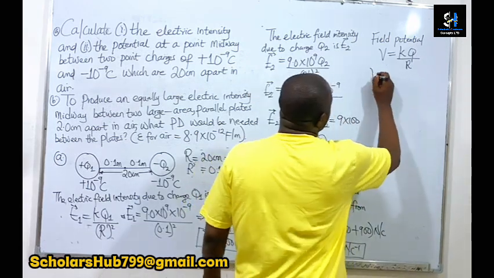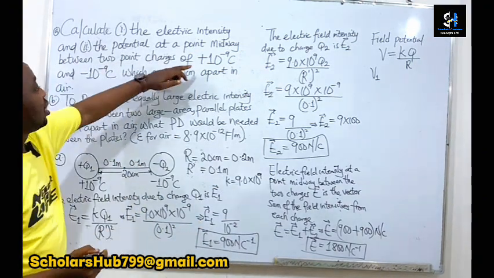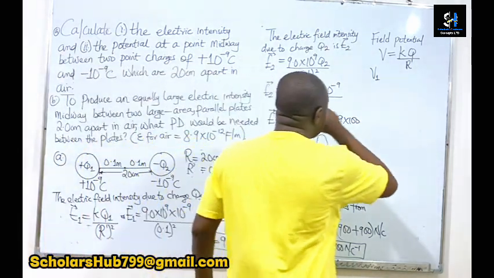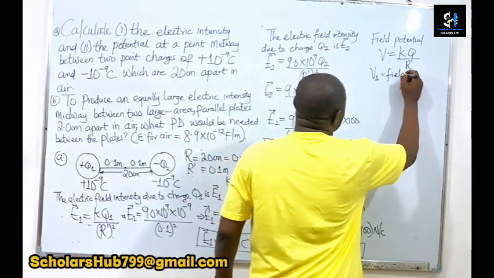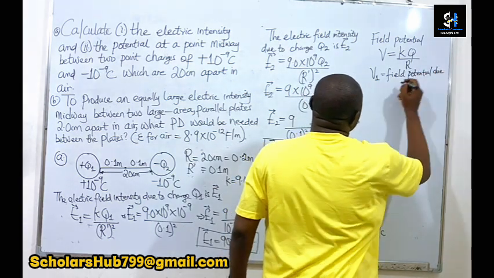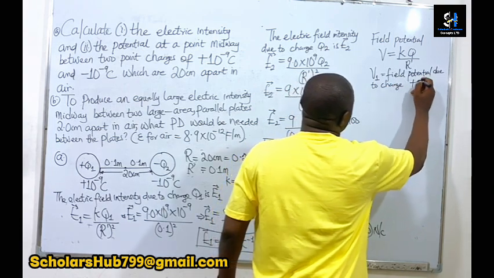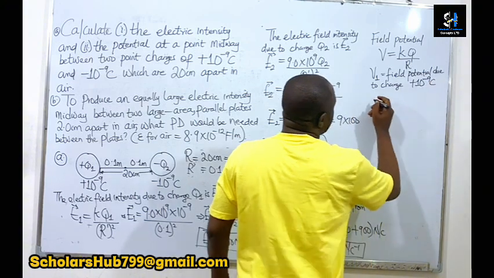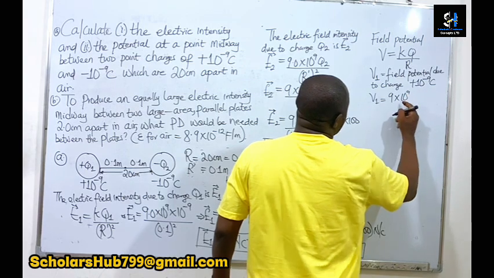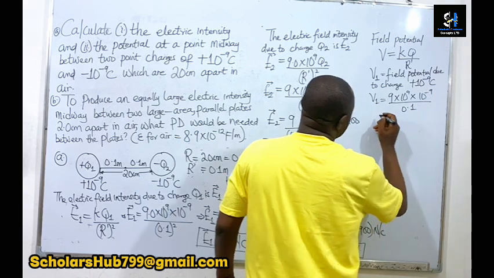So the field potential due to charge of positive 10 raised to the power of minus 9 coulombs will be 9 times 10 raised to the power of 9 multiplied by 10 raised to the power of minus 9, divided by 0.1.